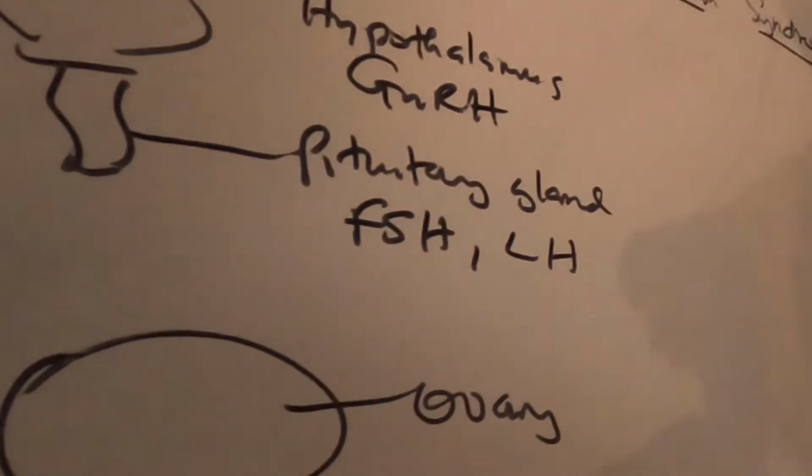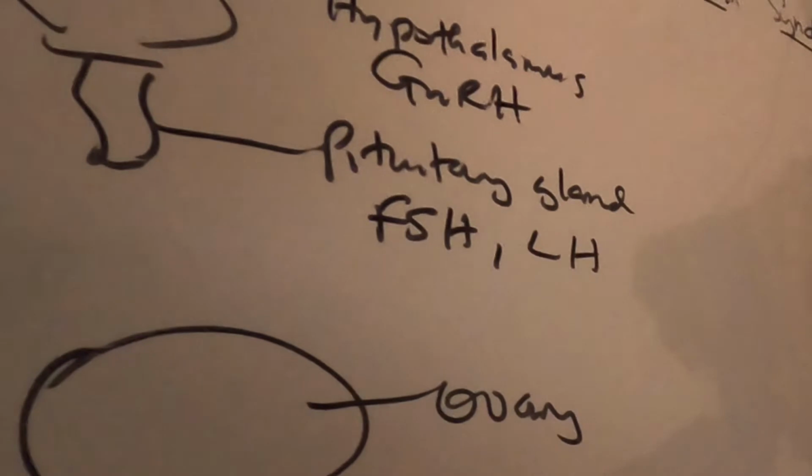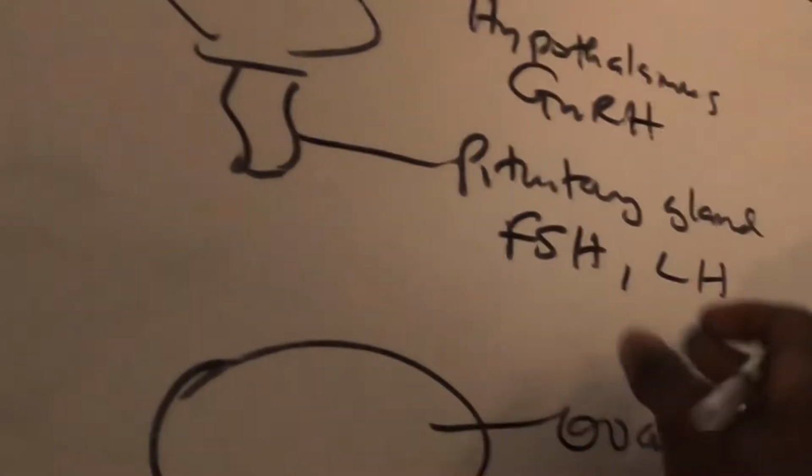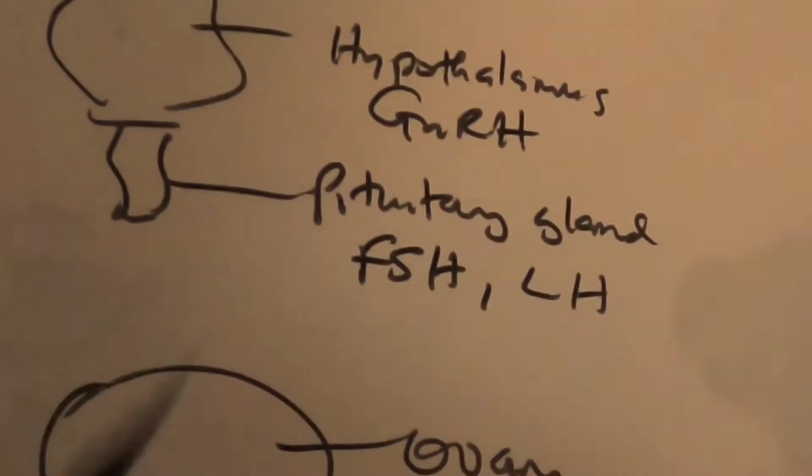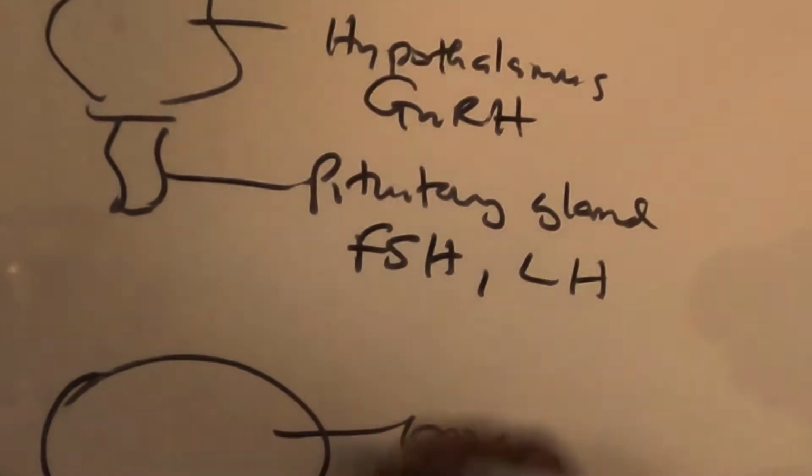Now, FSH means the follicle stimulating hormone, and LH means the luteinizing hormone. And then lastly, we look at the ovaries, where these hormones act to give us the various physiological processes. Now, before we continue, let's look at the characteristics of these hormones, the FSH and then the LH.